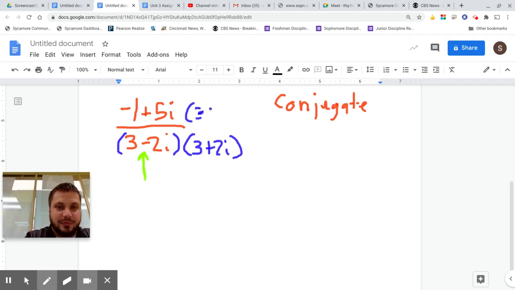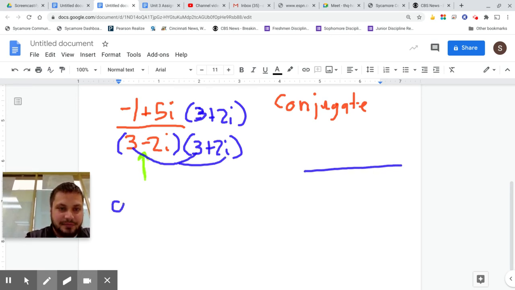Now, you're about to see the magic of conjugates. What conjugates do is make all of the nasty stuff cancel. So watch this. 3 times 3 is 9. 3 times positive 2i is positive 6i. Negative 2i times 3 is negative 6i.